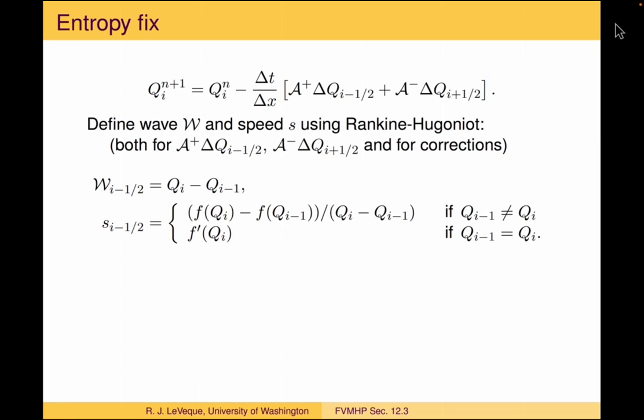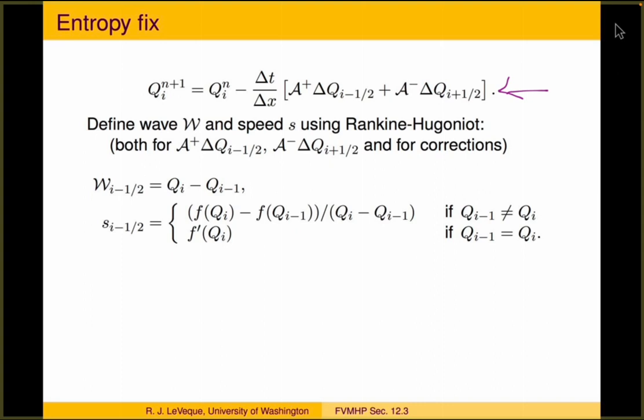So in the case of these convex scalar problems that we're looking at, the fix is to kind of abandon this idea of using the wave and the speed in these first order fluctuation form of our flux differencing and go back to the sort of flux differencing form.